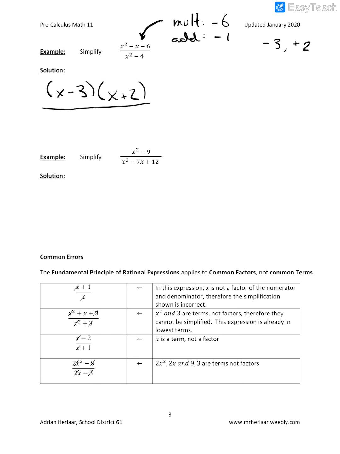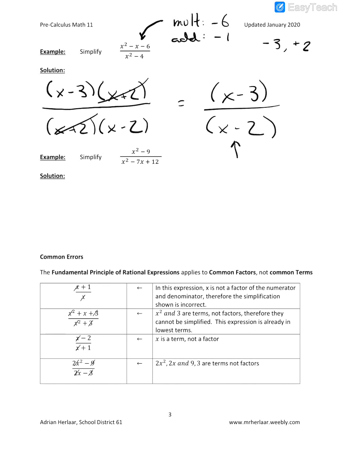Bottom again, we got a difference of squares. x plus 2, x minus 2. What cancels? Boom, boom. What are we left with? x minus 3 over x minus 2. And that is an asymptote at 2.